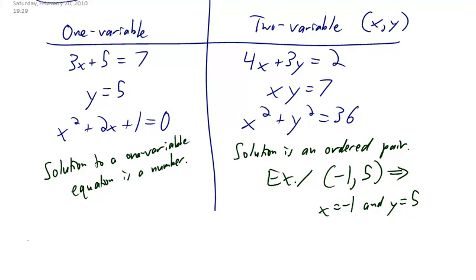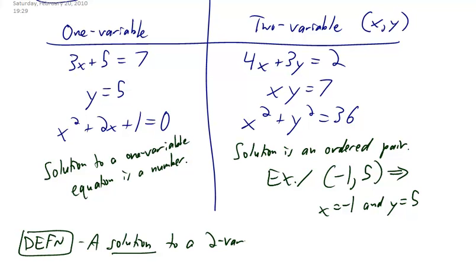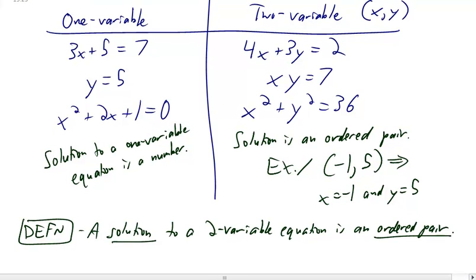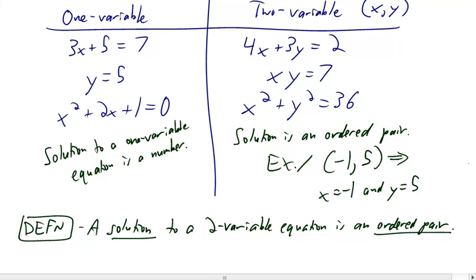Expanding on that further, let's do a little definition. A solution to a two-variable equation is an ordered pair. While some of you are taking the time to catch up, let's at least talk about the difference between an ordered pair and a non-ordered pair.